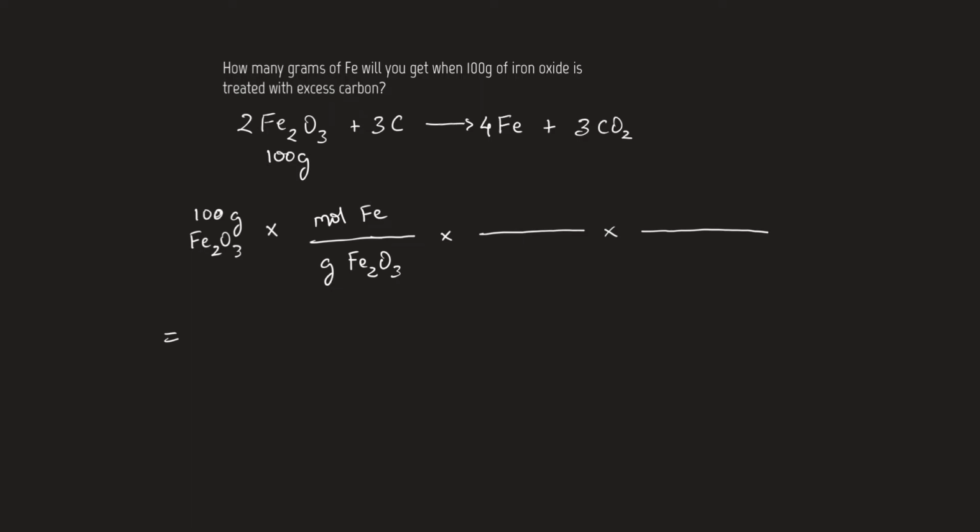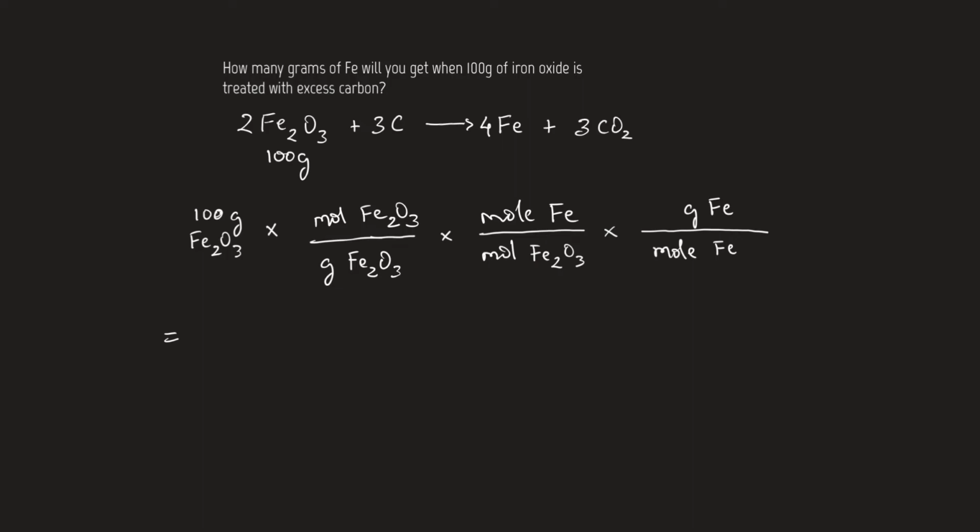My second conversion, so I will put on moles of Fe2O3 to moles of Fe. My third and last conversion would be the moles of Fe to grams of Fe.